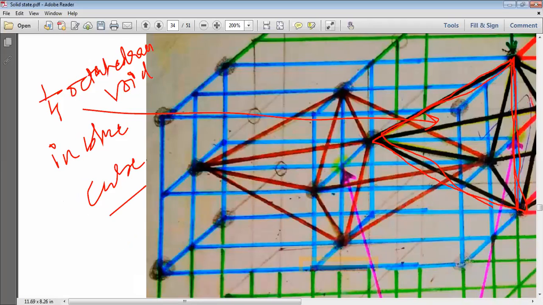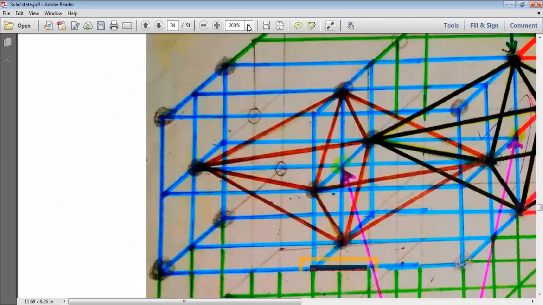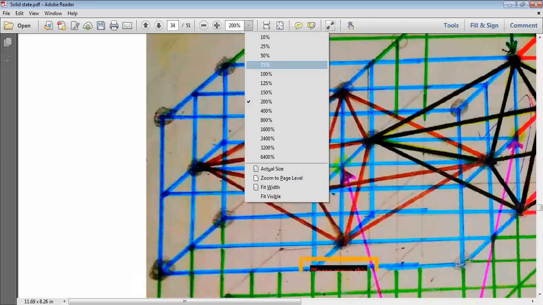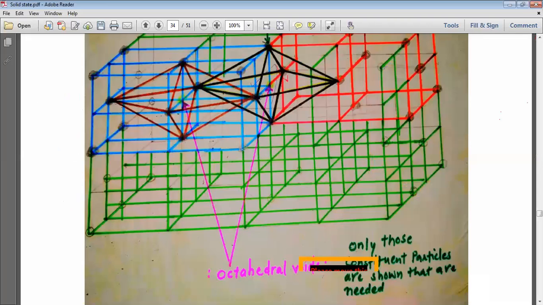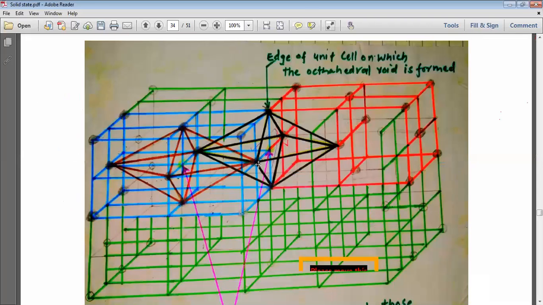Now, if you really think of this arrangement in a very large manner, where each unit cell is being repeated here and there, then what can you think, my dear student? यहाँ पे तो मैंने I have just shown you some few unit cells, but there will be lots and lots of unit cells around it. So on each edge which I am showing you, see this black void is on this edge.